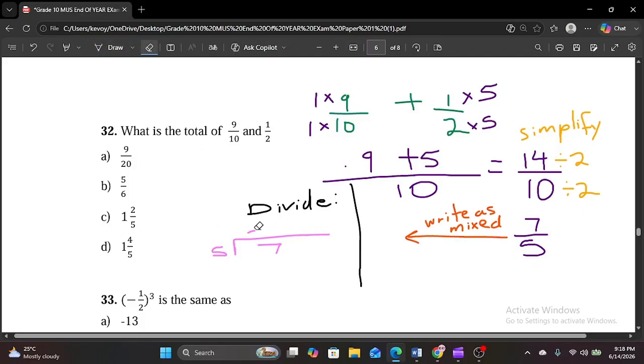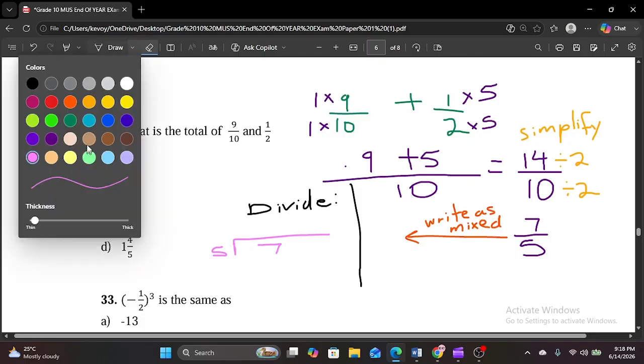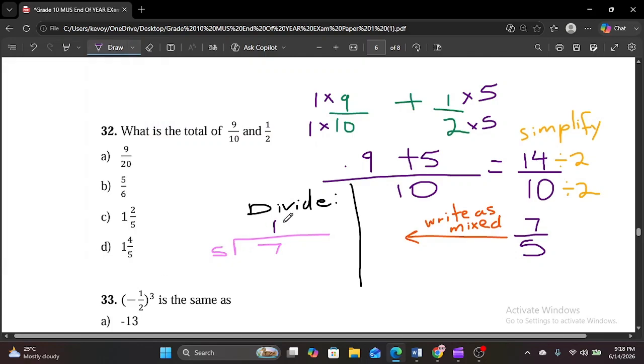So how many times does 5 go into 7? That's 1 time. 1 times 5 is 5. Subtract, and you'll be left with 2.